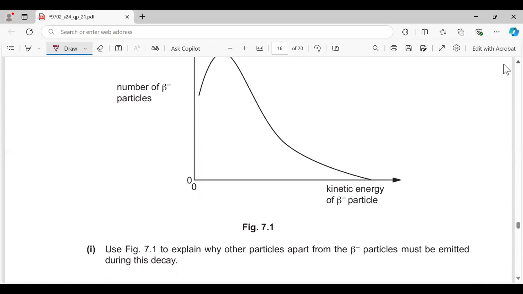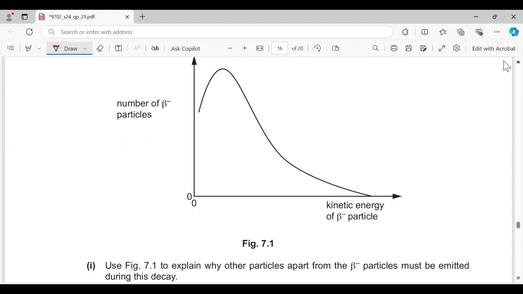If you look at this graph, why do other particles apart from beta negative need to be emitted? Because the energy of decay is constant.